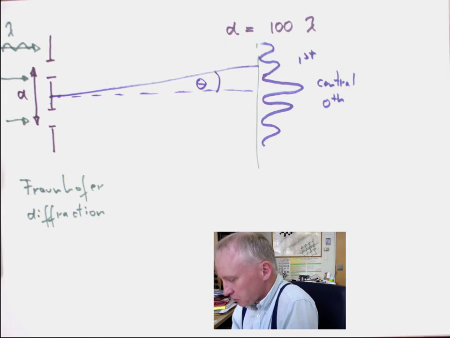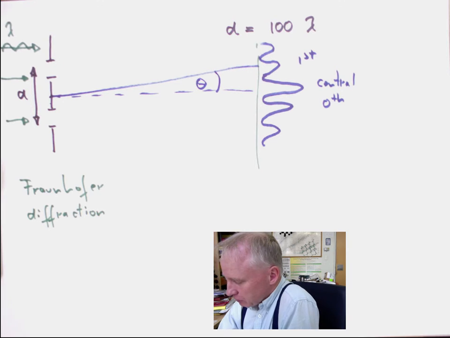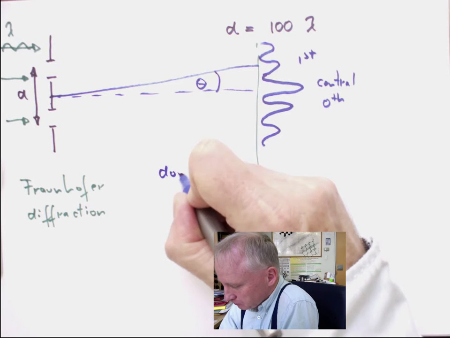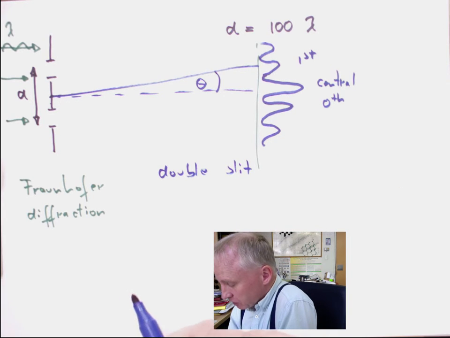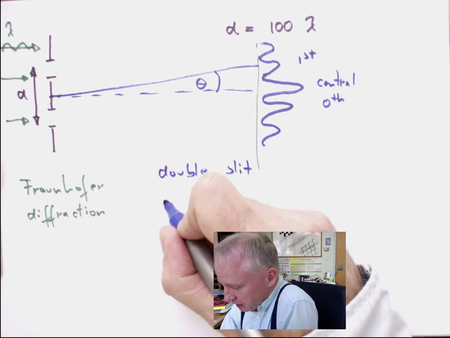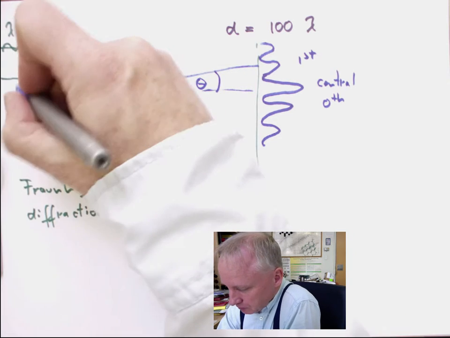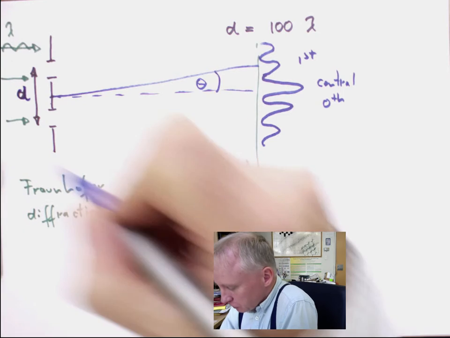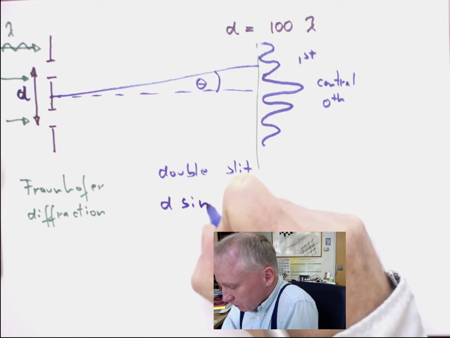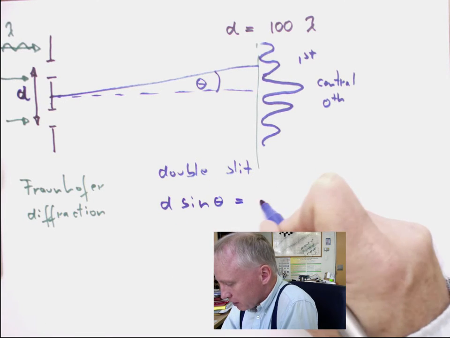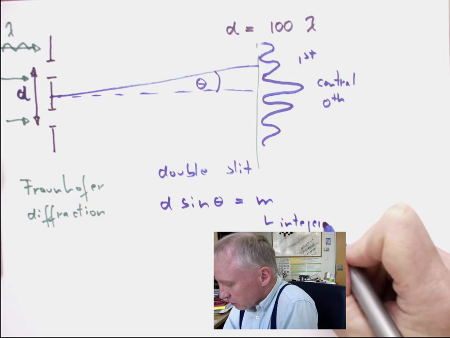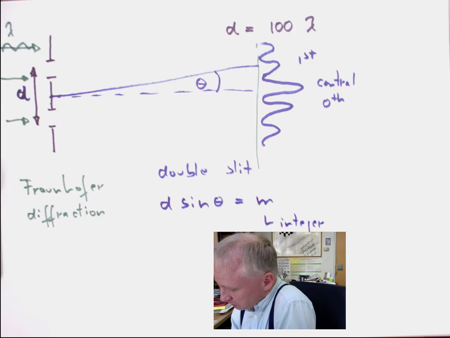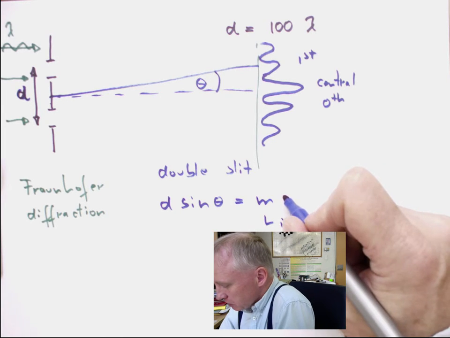Now, in order to solve this problem, we need to realize that we have a double slit, and we're looking for constructive interference. The condition for that is given as d, which is the d up here, the separation of the slits, times the sine theta equal to m, whereby m is an integer running from 0 to infinity, times the wavelength.